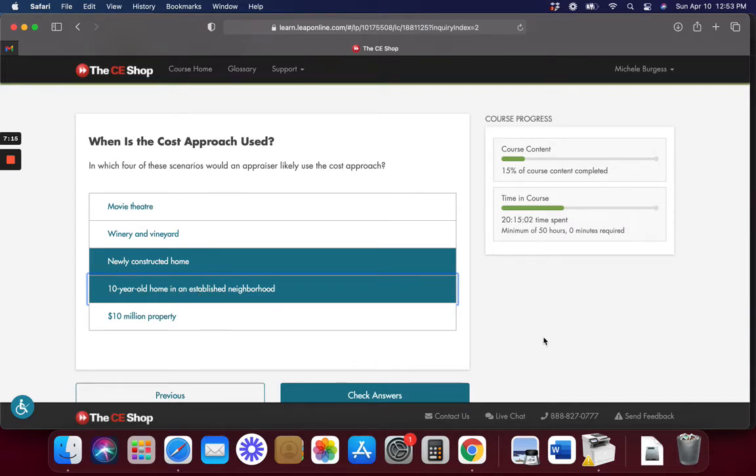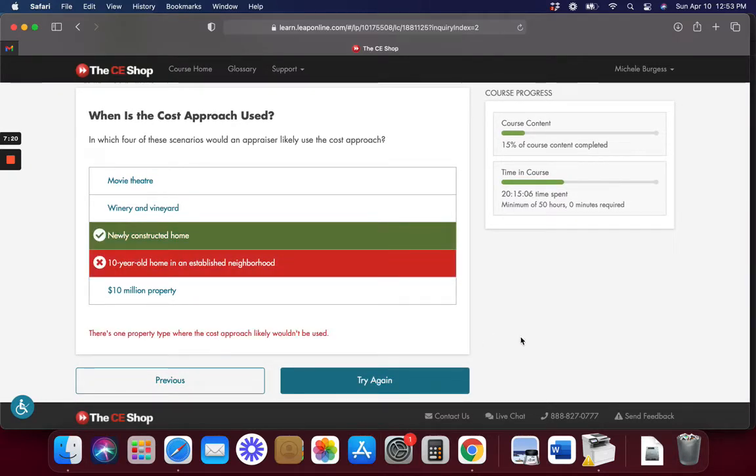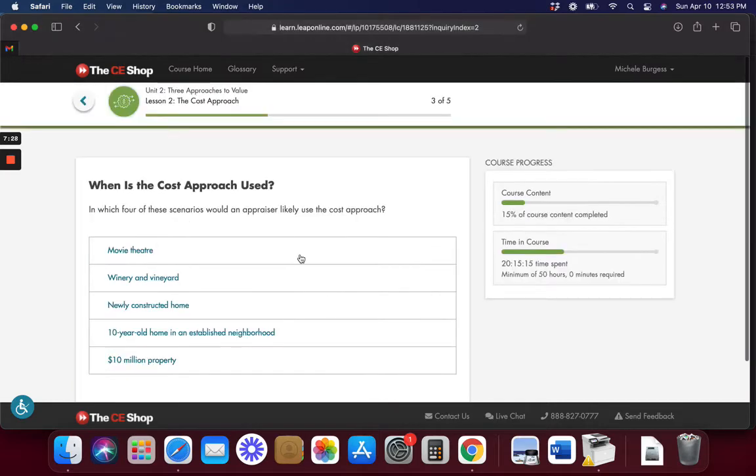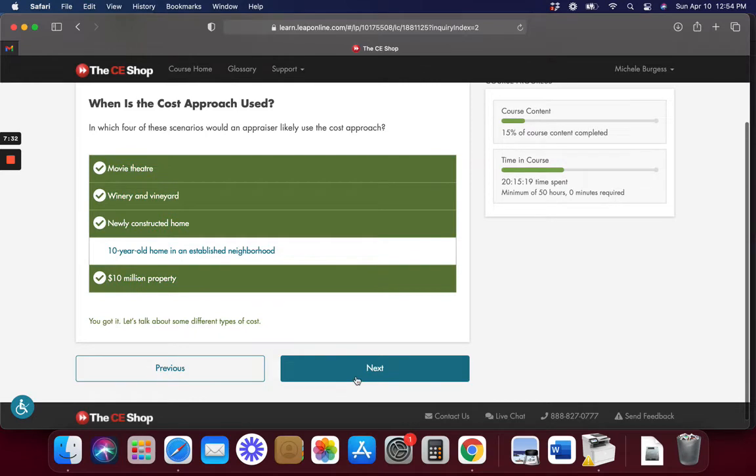Now, there's one property type where the cost approach likely wouldn't be used. Okay, so it's probably all of them except for that one. Let's try it. You got it.